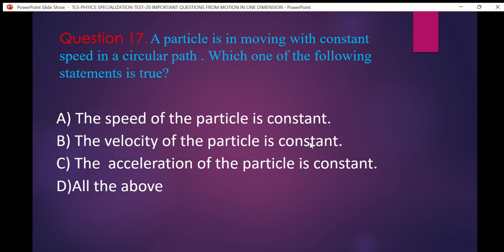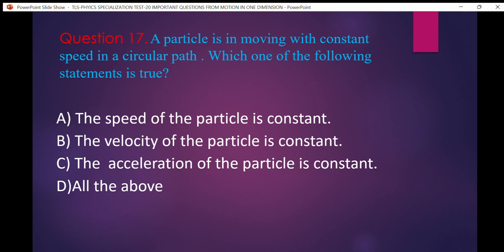That is very, very important. When the body moves through a circular path, the direction of the motion is always changing. So you cannot consider the velocity as constant. And is the acceleration of the particle constant?